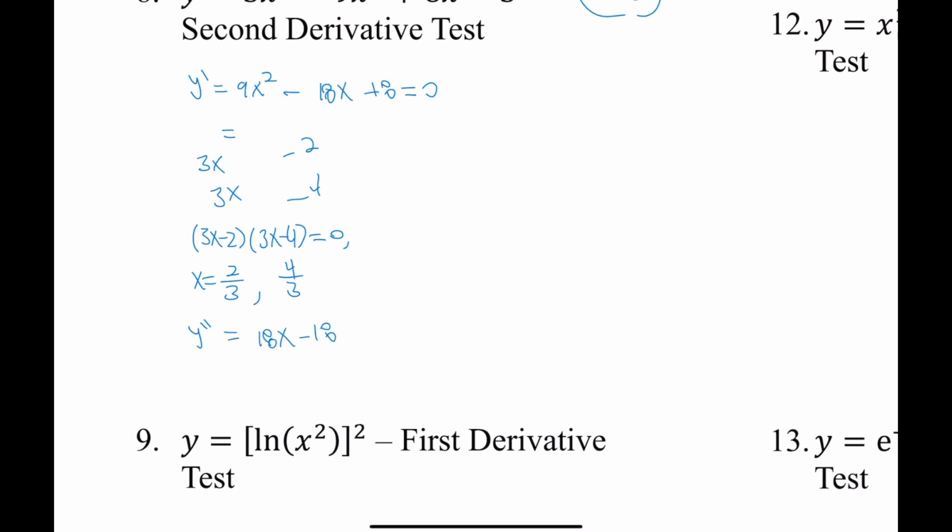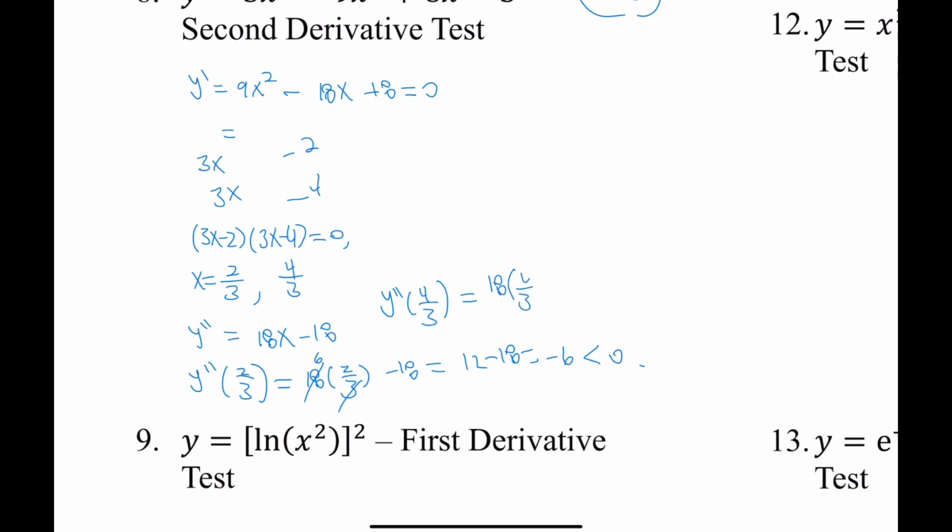Let's plug in these values. 18 times 2 over 3 minus 18 gives us 12 minus 18, or negative 6, which is less than 0. And y double prime at 4 over 3 gives us 18 times 4 over 3, that gives 24 minus 18, or 6, which is greater than 0, so positive.